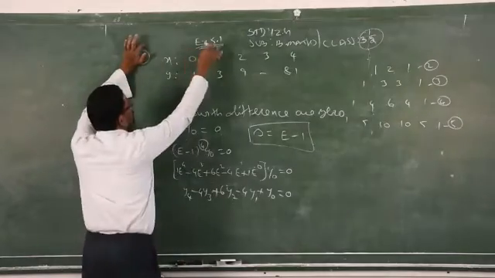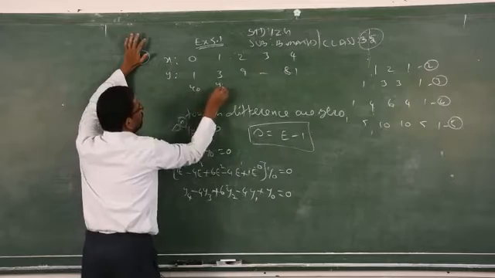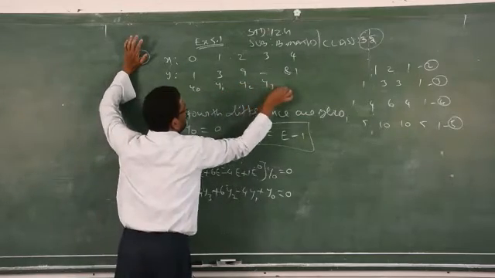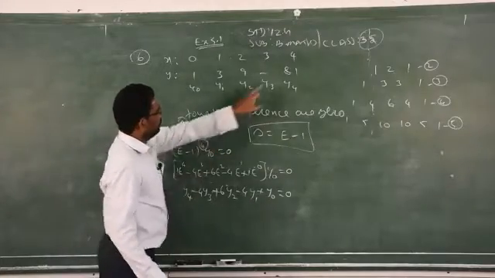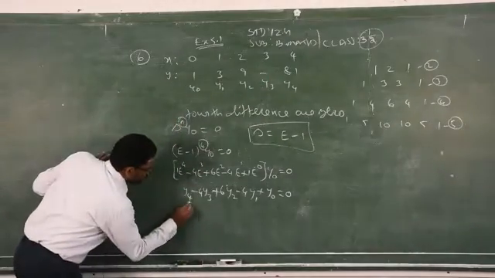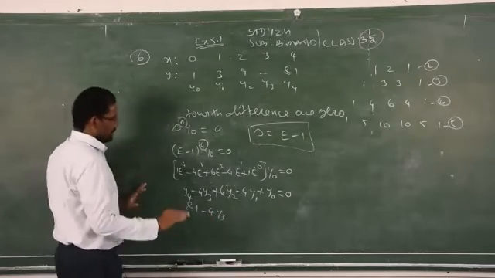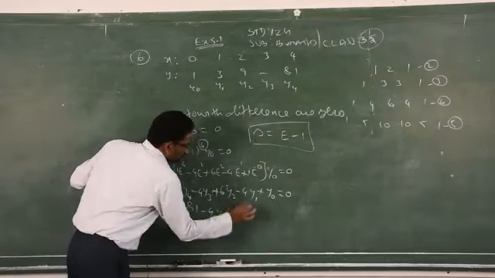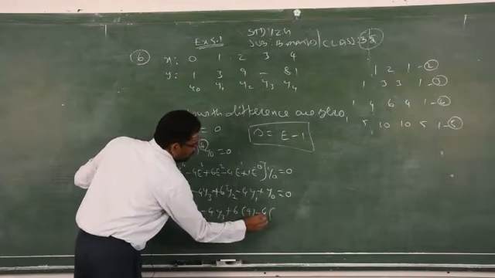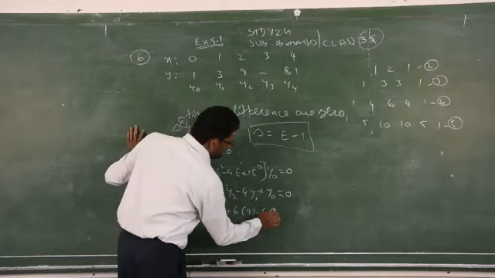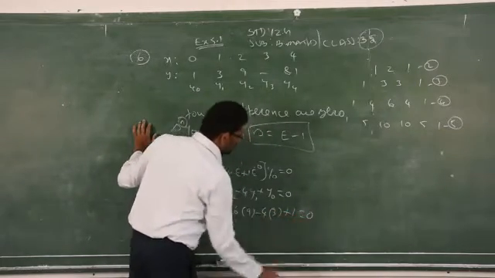Now this will be x0, x1, x2, x3, x4, and y0, y1, y2, y3, y4. Just substitute: y4 is 81. 4, I don't know what y3 is, so just keep y3 as it is, plus 6, y2 is 9, minus 4 into y1 which is 3. What is our y0? 1, is equal to 0.